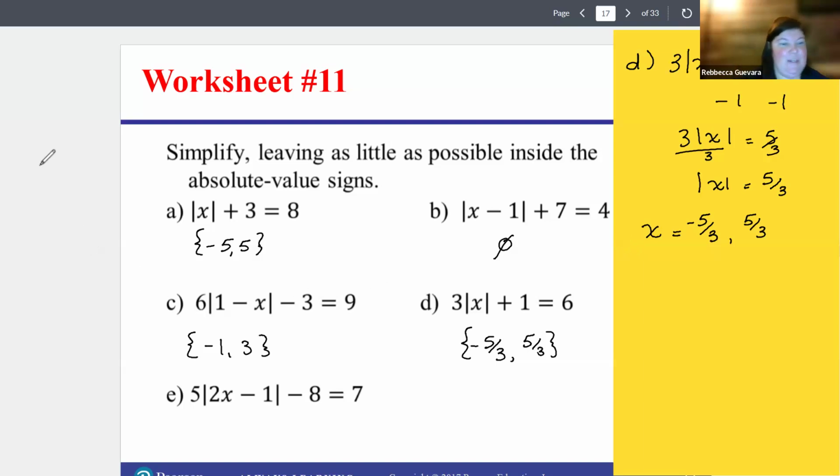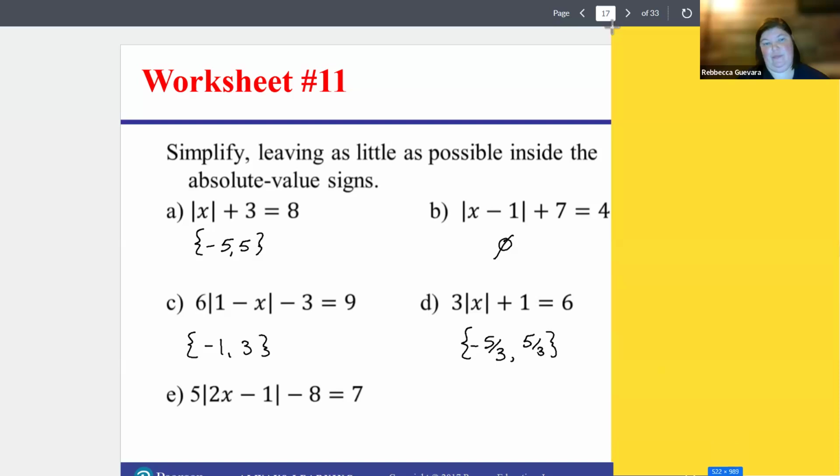Okay, and E is going to take up some room here, so we're going to erase again. So E, we're going to have 5 absolute value of 2x minus 1 minus 8 equals 7.